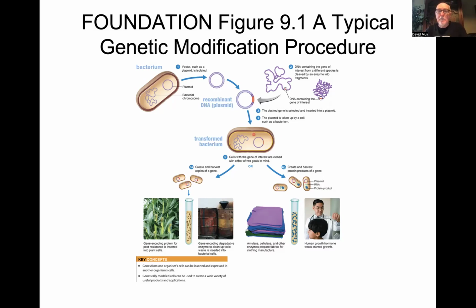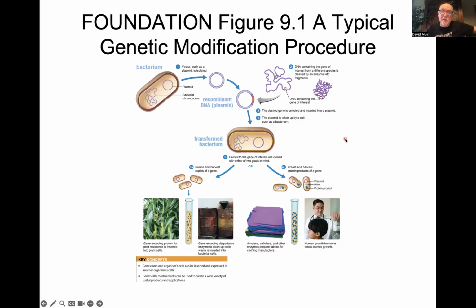I'll just mention that many genes have been moved into plasmids in this fashion for various uses. In this case we're using a bacterial cell, but you can also use plant cells, depending on what you want to do, and even animal cells if they are being grown in culture.